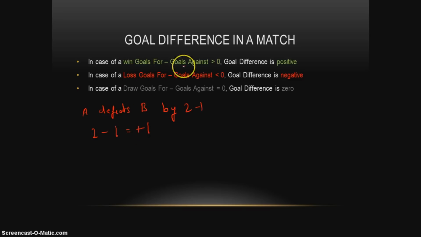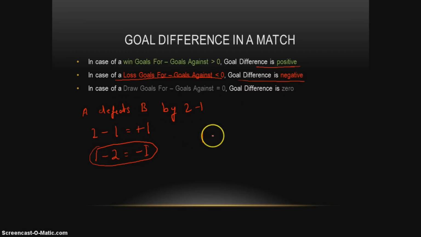So if you have won the match, your goal difference will be positive. Let's see what's the goal difference of B, that is goals for minus goals against, equal to minus 1. So if you have lost the match, then your goal difference will be negative.